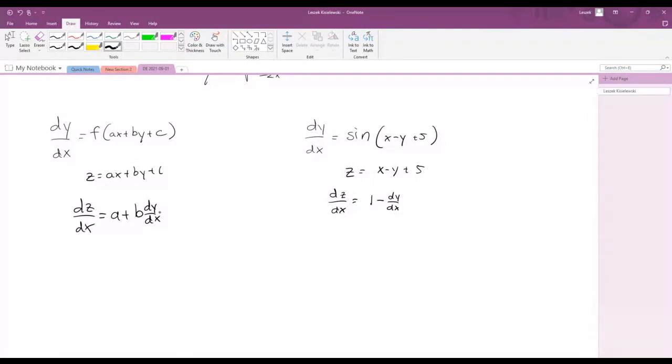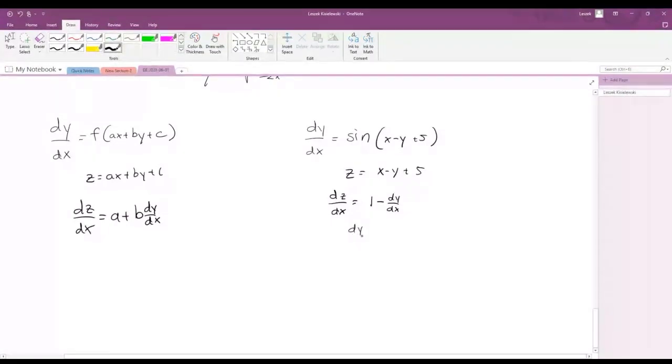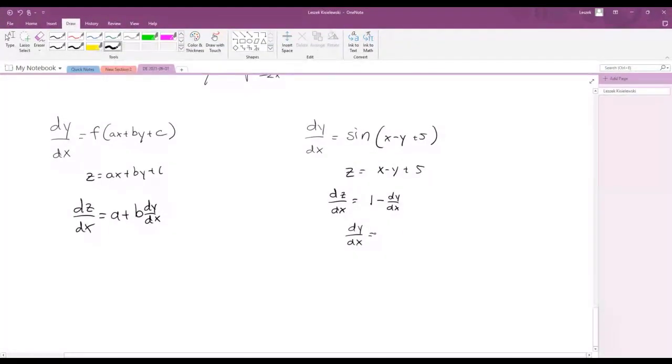Now notice that dy/dx would be the same as 1 minus dz/dx, if you just do a little rearranging.